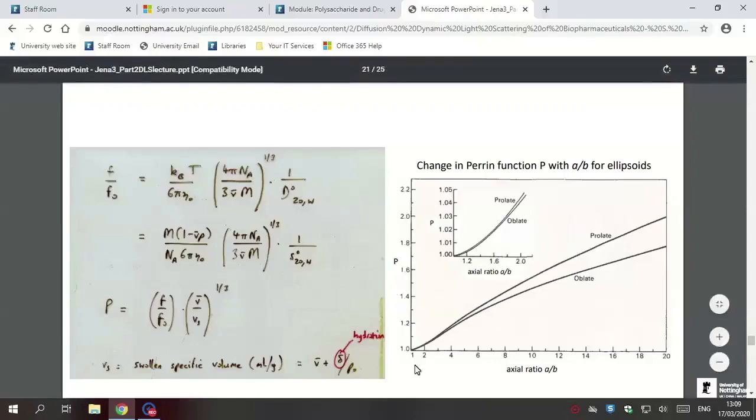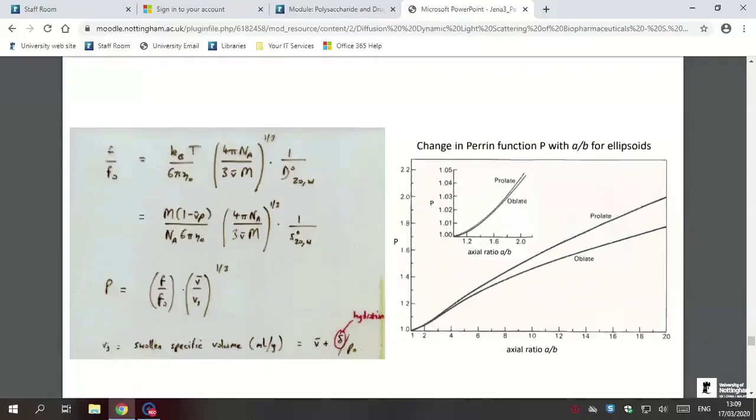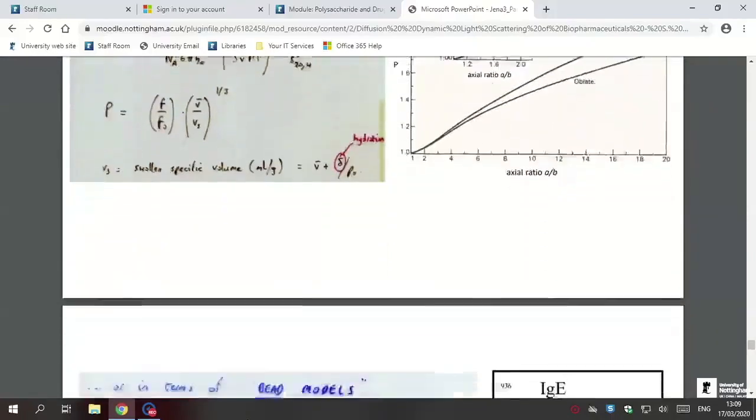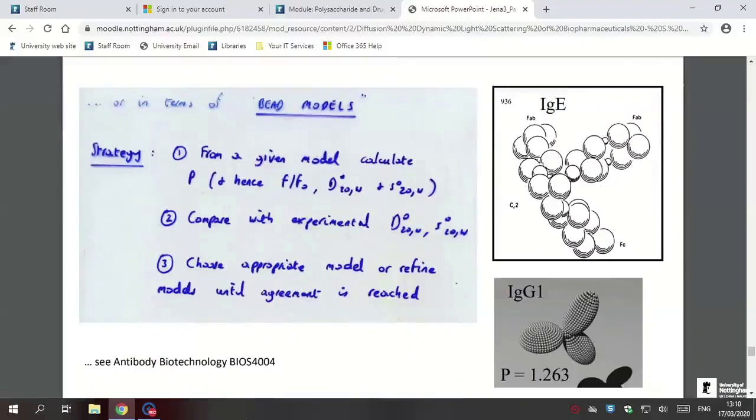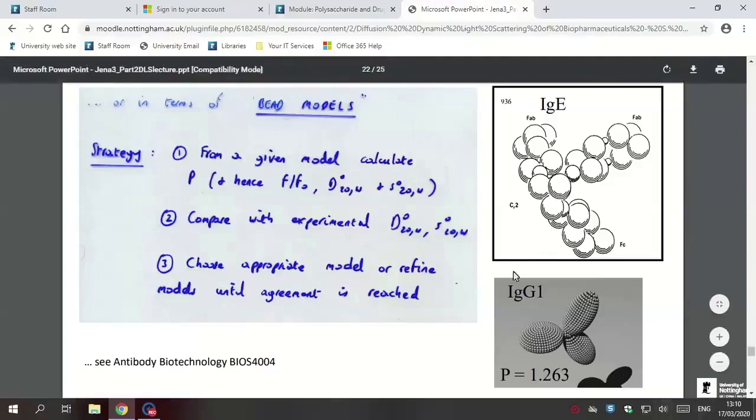So the value for a sphere is 1. It would be greater than that for more extended shapes. For molecules like antibodies, we can't use simple ellipsoidal representations. We can for the domains, the Fab and the Fc domains, but not for the intact antibody molecules.